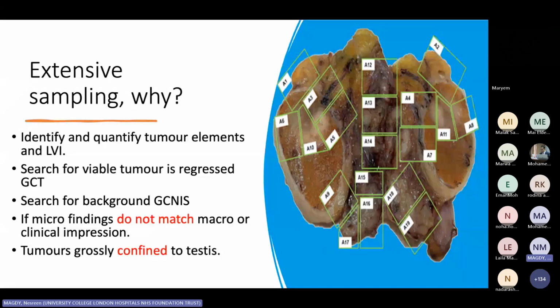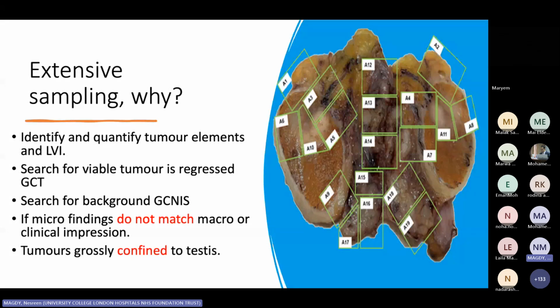So we do extensive sampling also in the scenario of having a testicular scar, because this may represent a regressed germ cell tumor, and we may find some residual viable tumor within the scar. And as we said, in the background, in a trial to find any germ cell neoplasia in situ. Also extensive sampling is recommended when the microscopic findings, as we mentioned, don't match with the macroscopic or the clinical impressions.